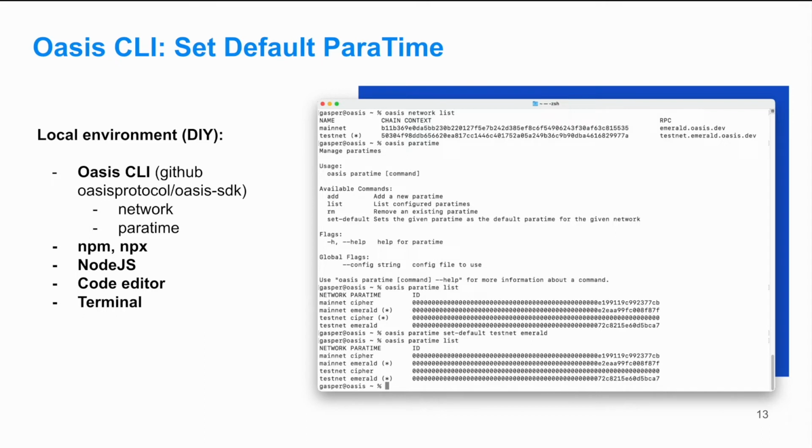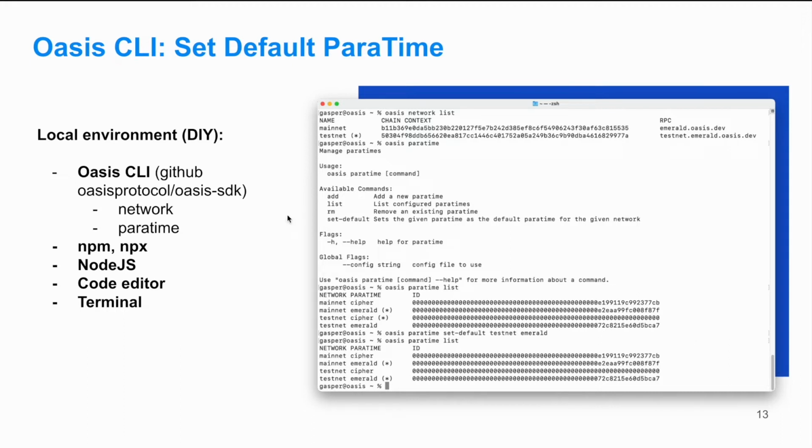What you will do is go to GitHub and download the Oasis SDK. Inside the Oasis SDK, you will find the Oasis CLI. And you will use the Oasis CLI, for example, to configure the networks, so essentially the testnet and mainnet, and also to configure ParaTime parameters.